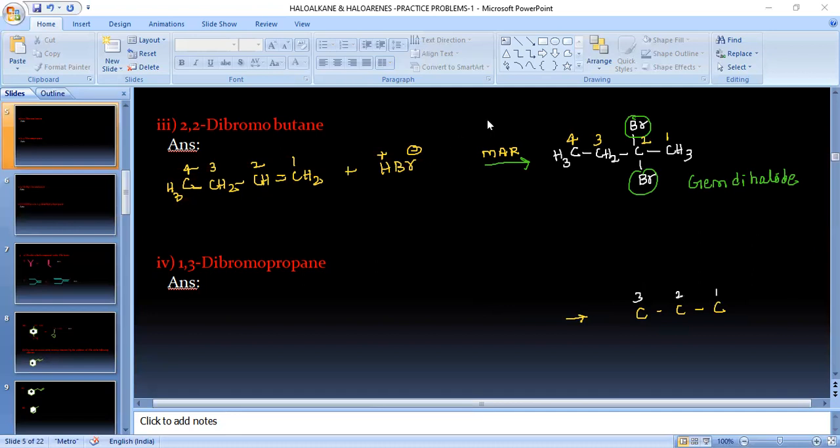Okay, chalo, the first carbon and the third carbon, 2 bromines should be attached. So CH2, CH2, CH2 like this. CH2Br, CH2, CH2Br. So this product should be obtained.